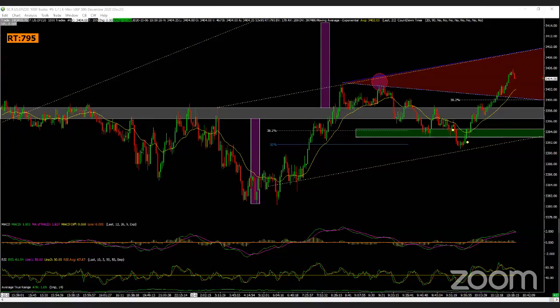Are we going to get a 38.2 retracement? Or is she going to jump off the EMA?